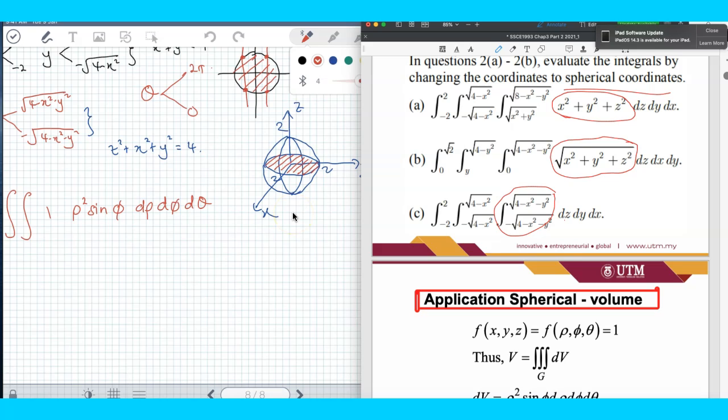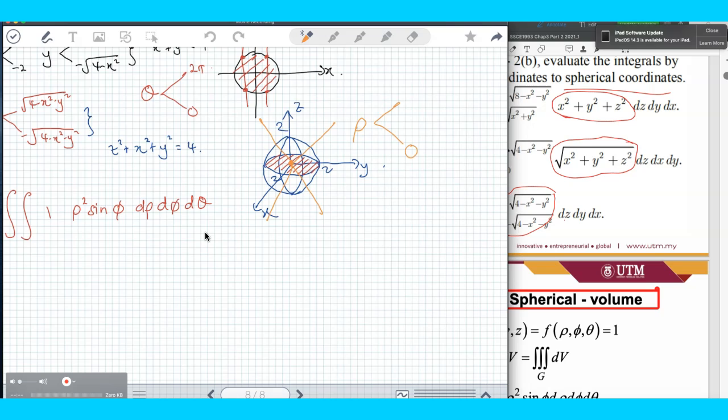So how can you determine the limit of rho? You just draw many lines, and the smallest rho that you can see starts at rho 0, which is the origin. Okay, and in the end they will touch the surface of the sphere given by rho equal to 2.